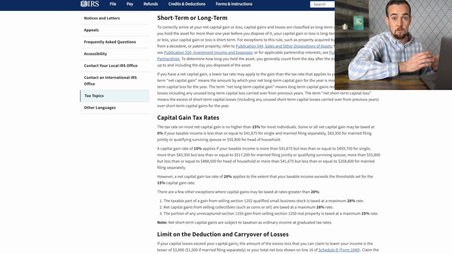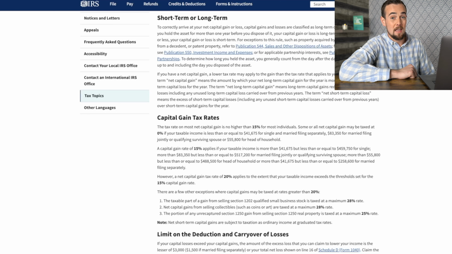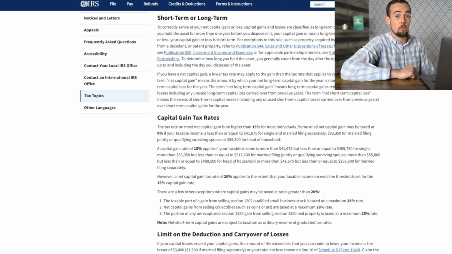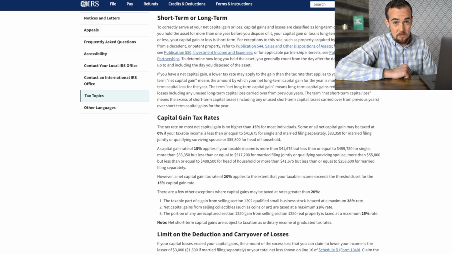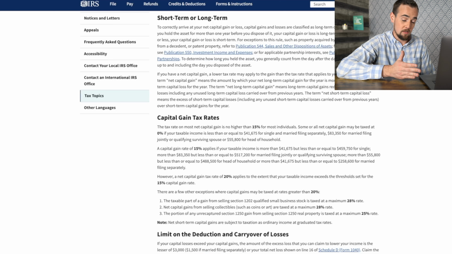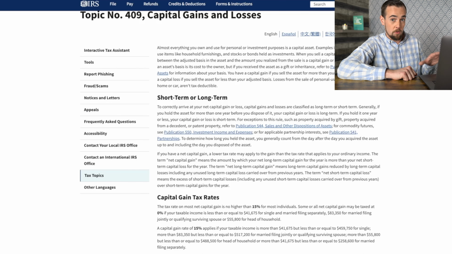But if you hold on to something for greater than 1 year, you're now eligible for long-term capital gains tax treatment, which is going to be a more favorable tax rate. So for example, on short-term capital gains, I believe it caps at 37%, whereas on long-term capital gains, it caps out at around 20%.